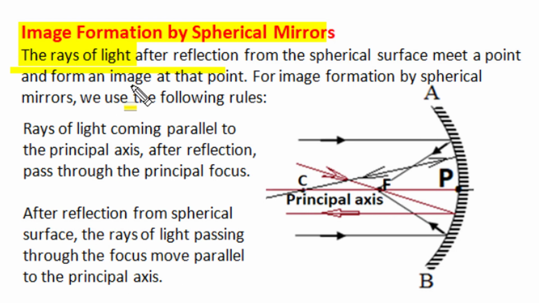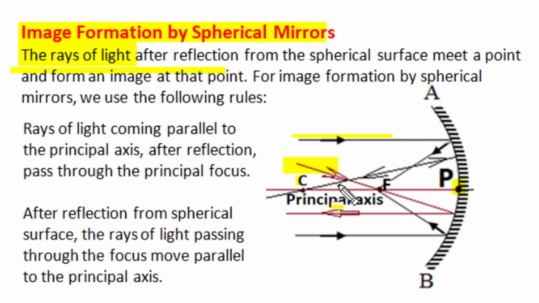The first rule: rays coming parallel to the principal axis, where the principal axis is the imaginary line joining pole and center of curvature, after reflection pass through the principal focus in the case of a concave mirror, and they look as if coming from the principal focus of a convex mirror.